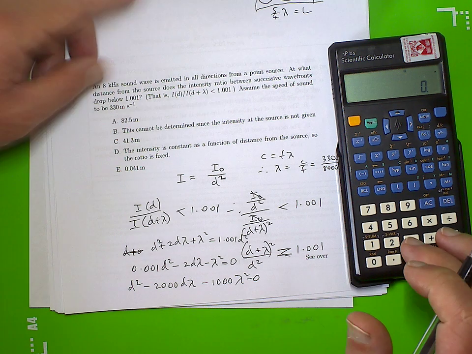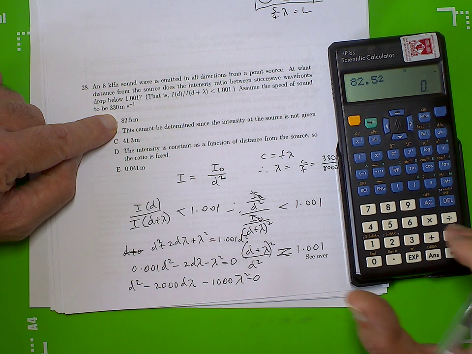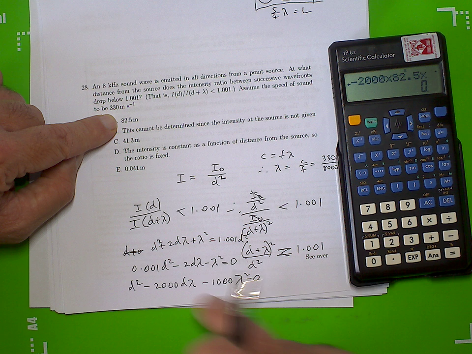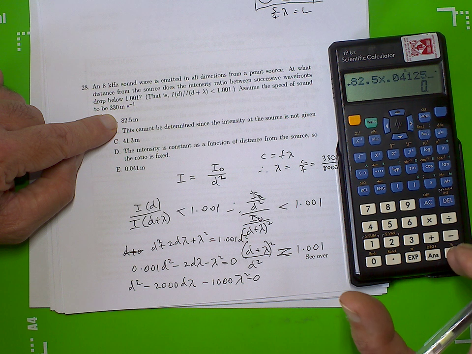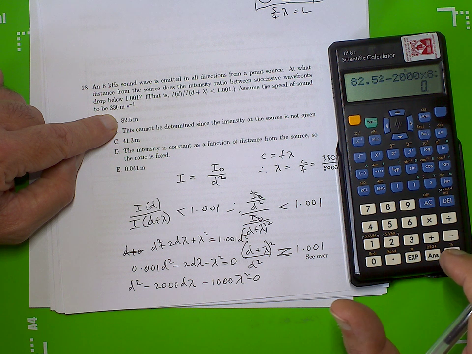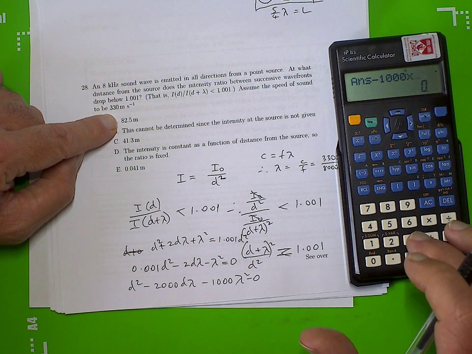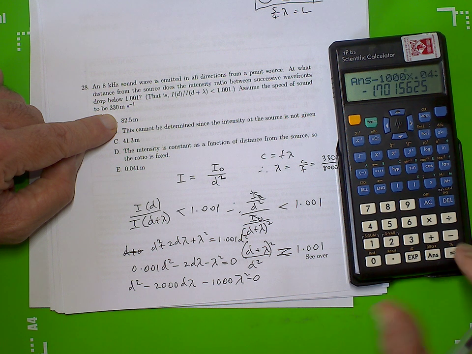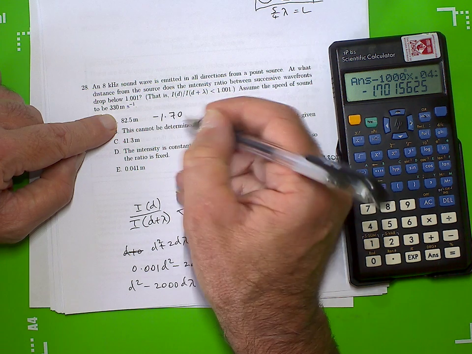So for d, let's try 82.5 first. 82.5 squared minus 2000 times 82.5 times lambda, 0.04125, minus 1000 times lambda squared, which is 0.04125 squared, equals, and we get minus 1.70.